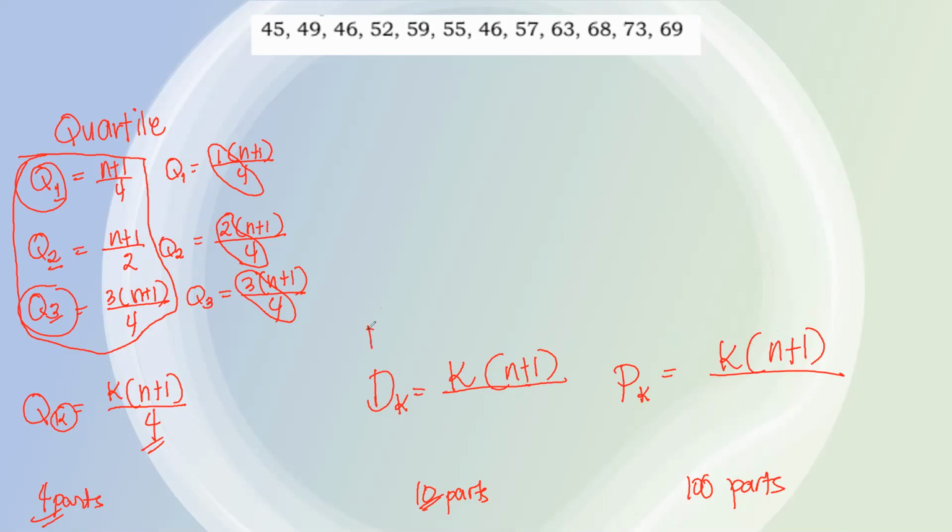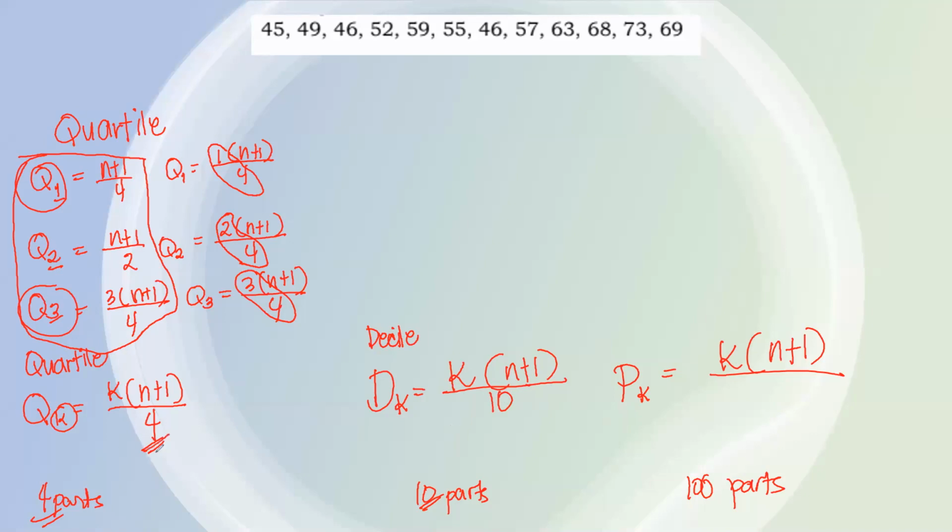Ano ba kayo? Yes po. Ngayon, kung it is 10 parts, saan ko siya i-divide? Anong number ko i-divide yung data ko? Kung 10 parts yung kailangan natin. 10 din po. So, i-divide natin siya sa 10.